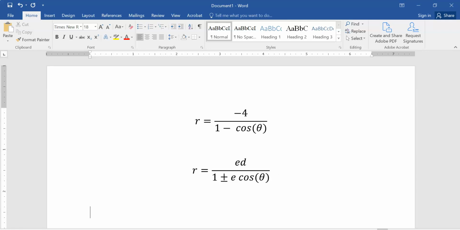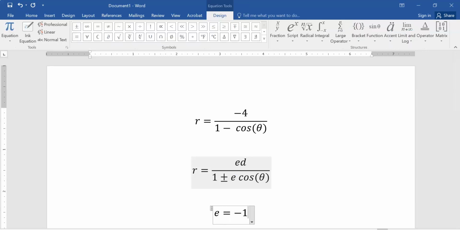In this case, it fits the form essentially perfectly, where our E would be the coefficient of this cosine, so it's -1. Usually we let E be the positive number, so that's why we have either the plus or the minus option. We let E be +1.